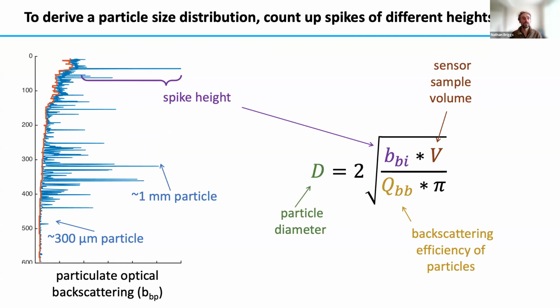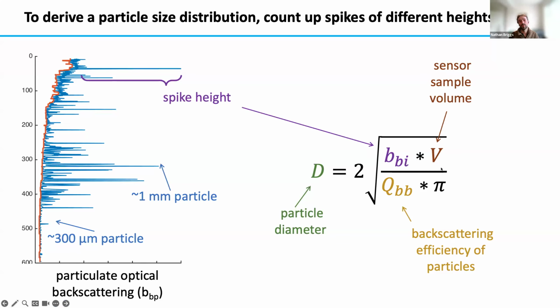We can go further than this large versus small dichotomy, and relate the diameter of the particle that creates a spike, as long as we can assume that each particle creates one spike. We can relate the diameter of the particle that could have created that spike to the height of that spike in units of backscattering, the sample volume of the backscattering sensor, and the backscattering efficiency of the particle.